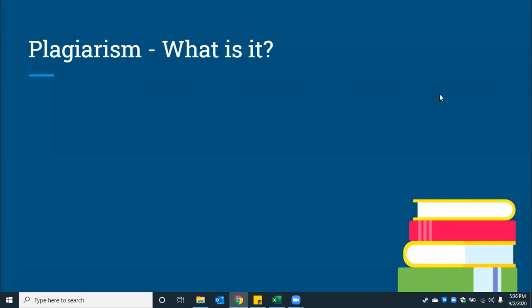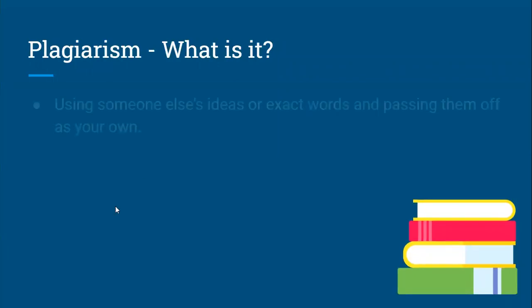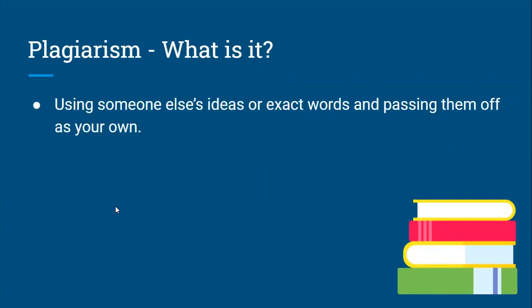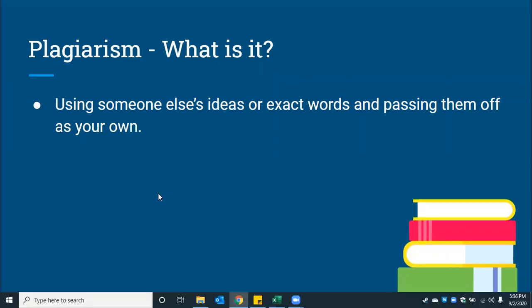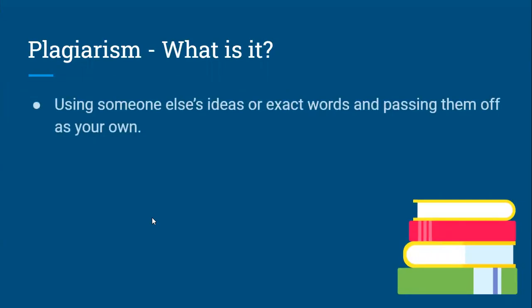I'm sorry, two people spoke at once and I didn't hear either one of you. So it becomes plagiarism when you try to pass it off as your own thoughts and ideas, right? Even if you forget to include a citation, when you fail to give credit, using someone else's ideas or exact words and passing them off as your own, either intentionally or unintentionally.